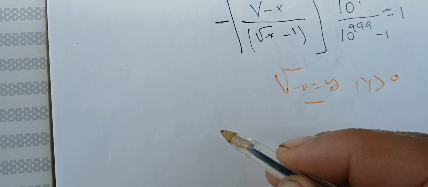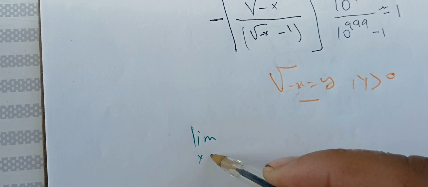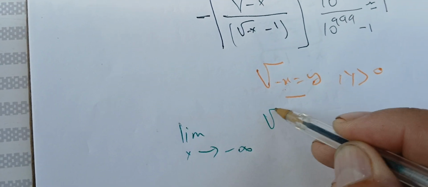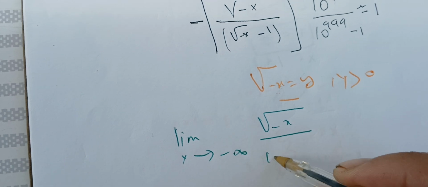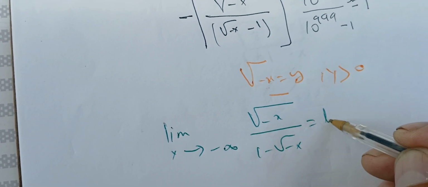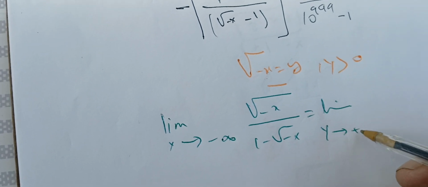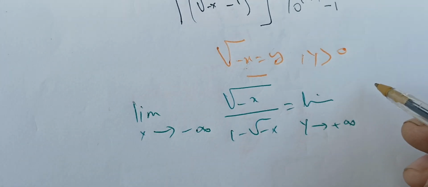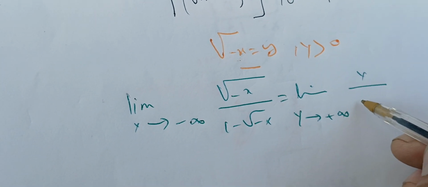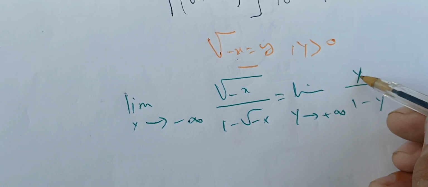So the limit as x goes to minus infinity of the square root of minus x over 1 minus the square root of minus x is the same as the limit as y goes to plus infinity of y over 1 minus y.